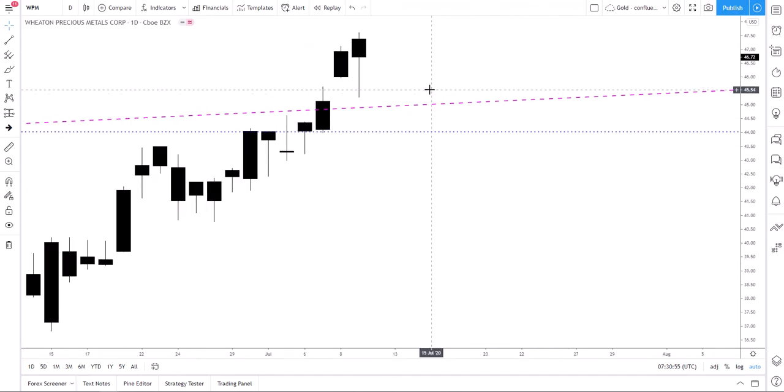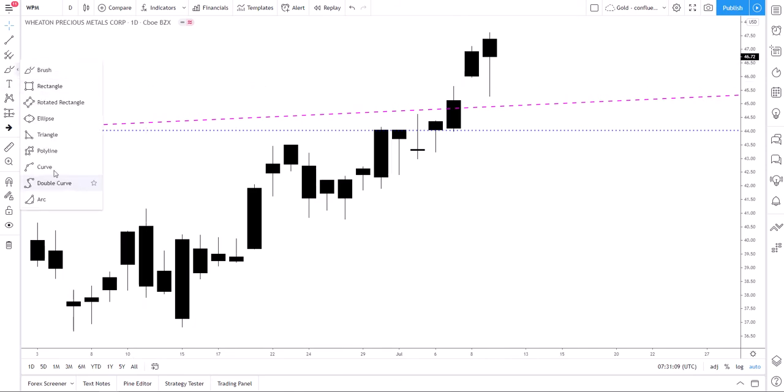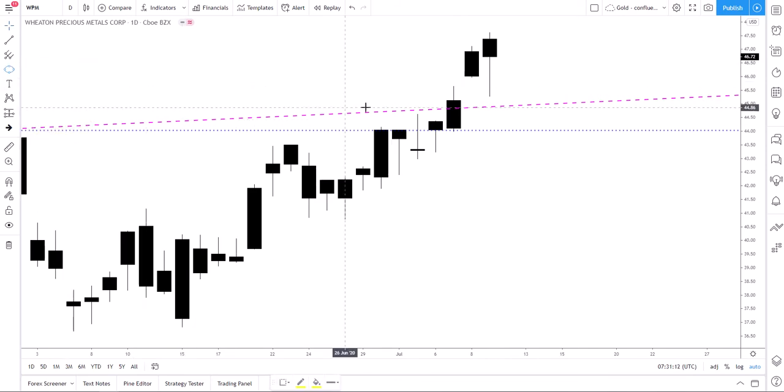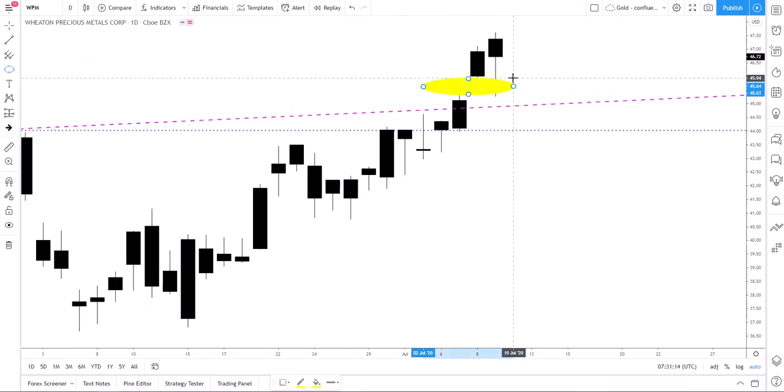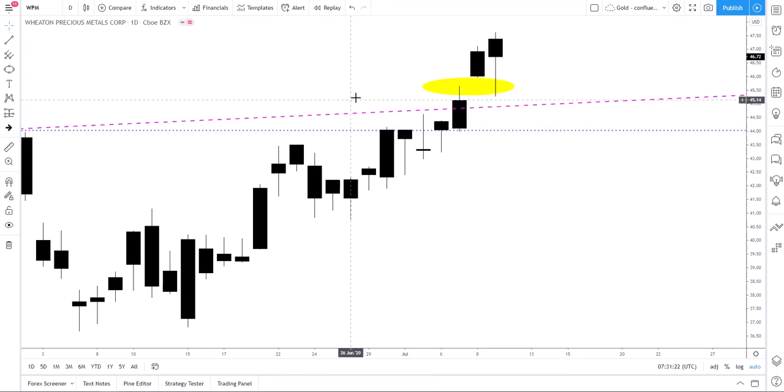Just from an individual candle, well, two things: candlestick level, that would be this candlestick, and then this was more of a price action thing. Let me throw that in there, and I'll move it to the background like that.